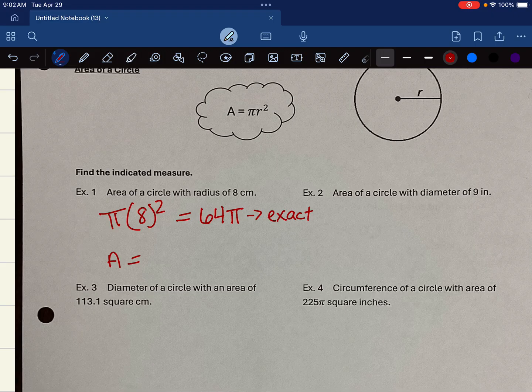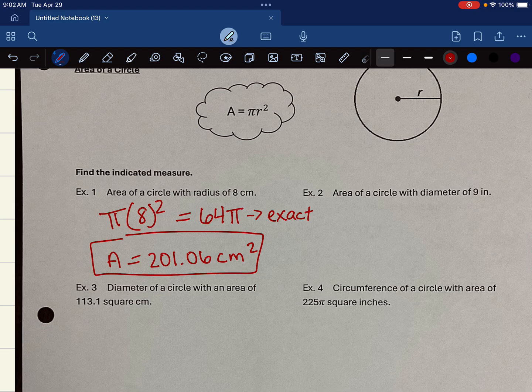Let's do the hundredths place. Just multiply 64 times pi, and we're going to round to the hundredths place. 201.06. Okay, and how do we label area? Squared. Centimeters squared, yeah. Whatever your units are, squared. Okay?